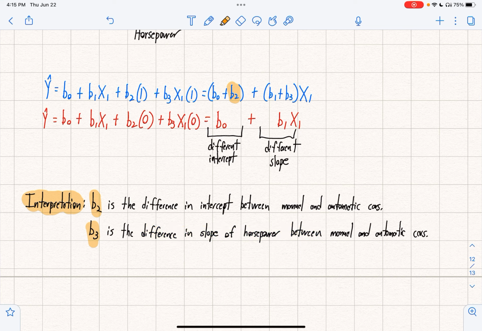We're saying that the effect of horsepower depends on whether you have an automatic or a manual transmission. Here the slope coefficient for horsepower is b1 plus b3, but for automatic it's just b1. So the effect of horsepower on gas mileage depends on whether we have an automatic or a manual transmission.